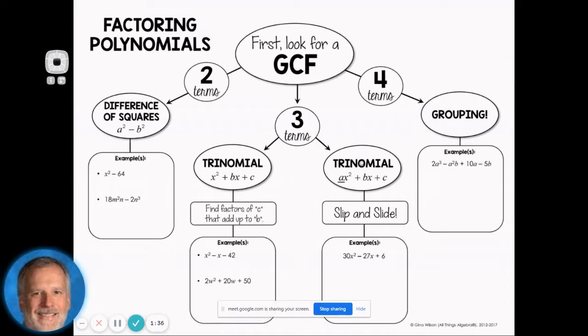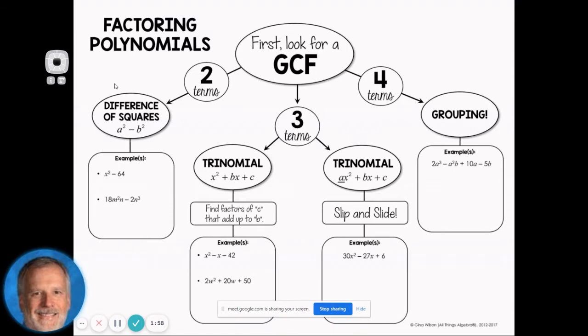There's one situation that we've not done. If it's a trinomial, notice we've got the form written a little different here. It says ax squared plus bx plus c. What that means is if x squared has a coefficient of anything other than 1, it's a little trickier to factor.